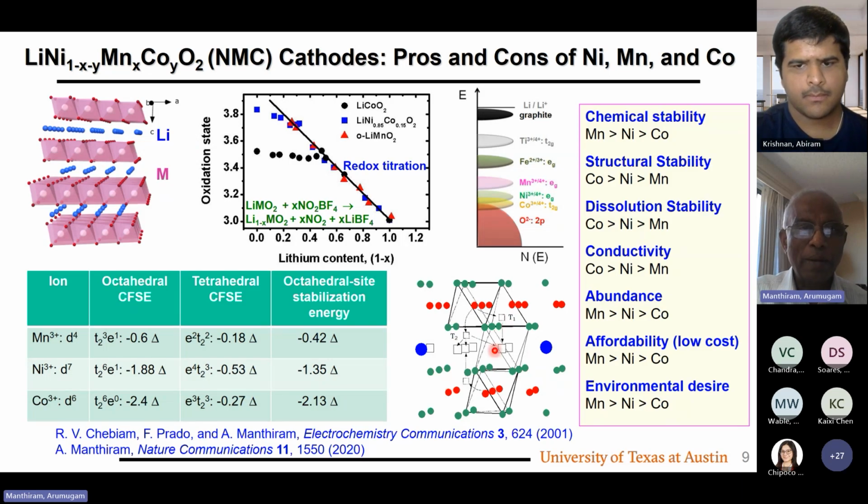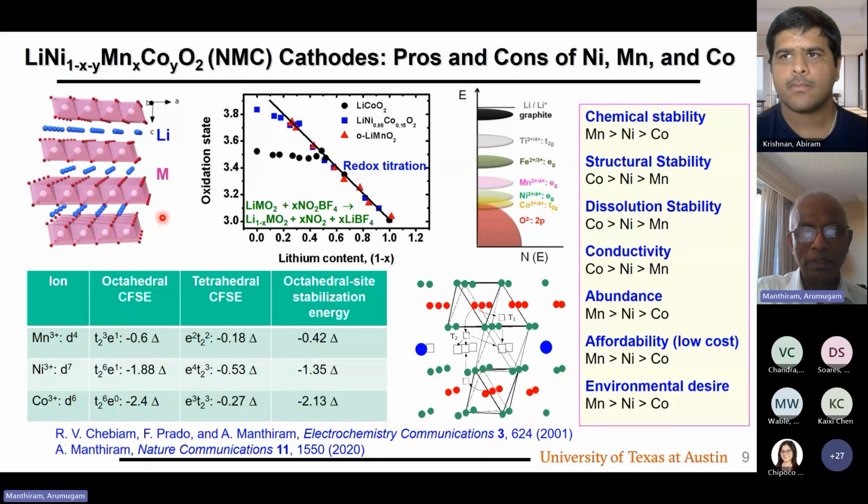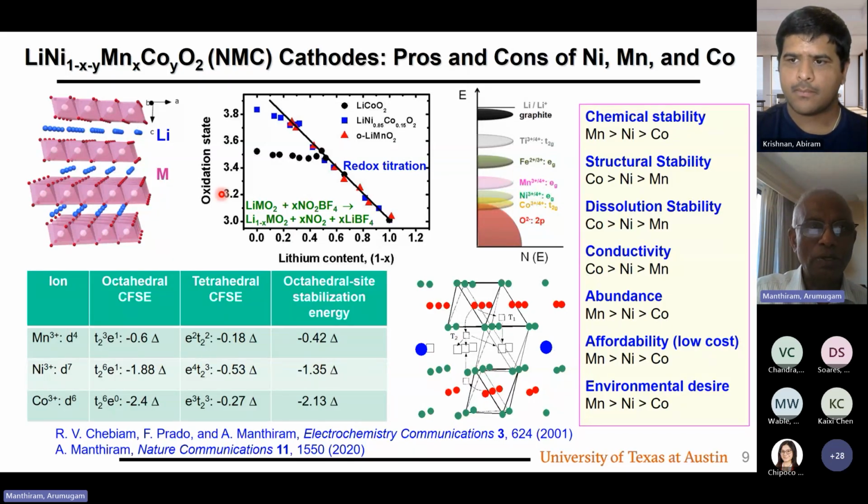So if you have manganese-rich compounds, you will have voltage decay because when it transforms from layered structure to something called spinel structure, lower voltage, so there will be a continuous voltage decay. So that's not good. So that I call it as structural stability. For that, manganese is not good, cobalt is better. You see on the top, for one of them, manganese is good, for the other one, cobalt is good.